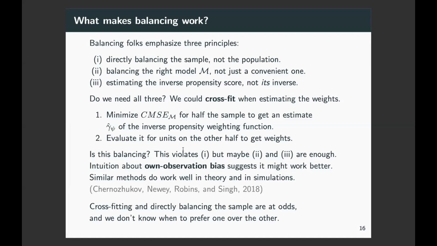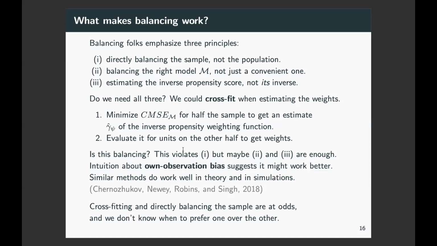And these are all kind of slogans, so I'm going to give a bit of interpretation to them. By the first one, basically we mean we solve the sample moment conditions, the sample balance conditions that we need to make our estimator have small error. We don't say estimate the propensity score, which balances the population, that then indirectly balances the sample because the sample converges to the population.